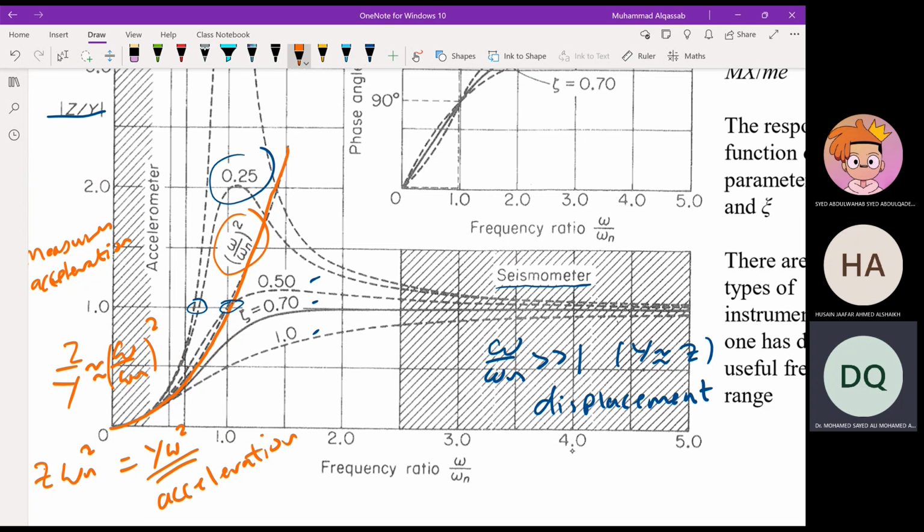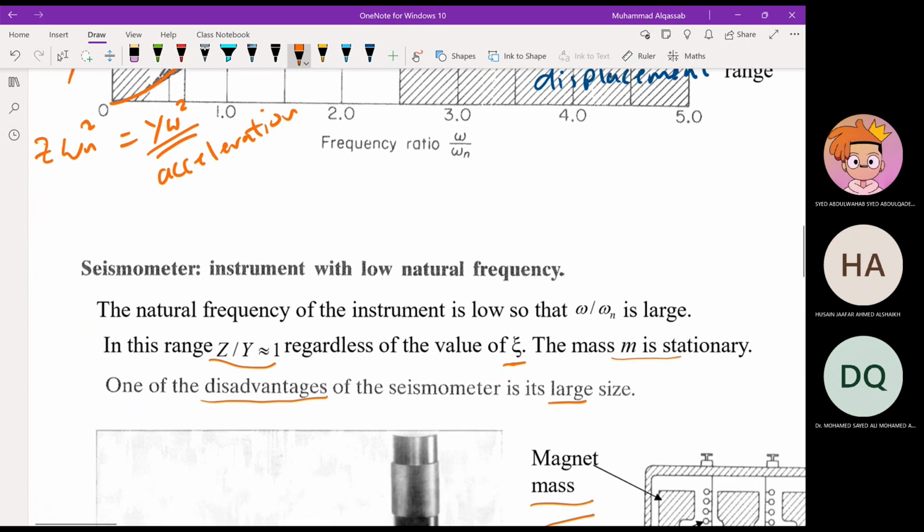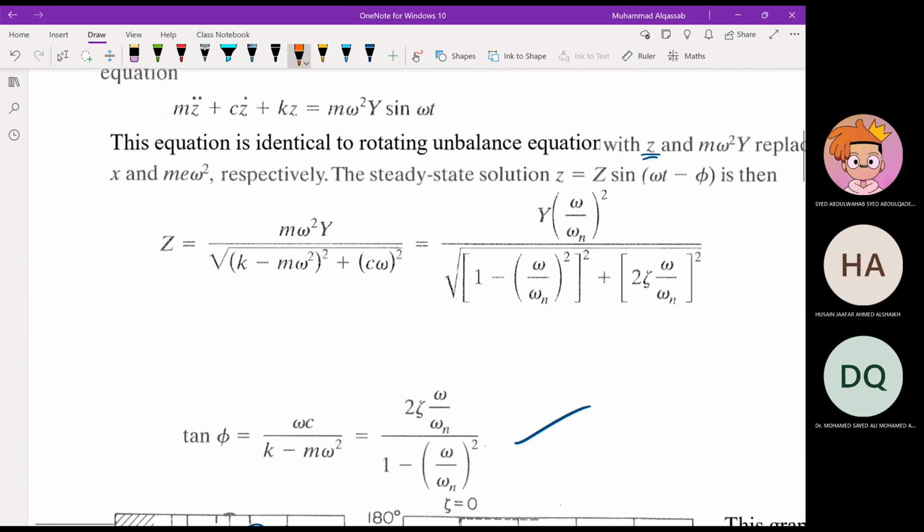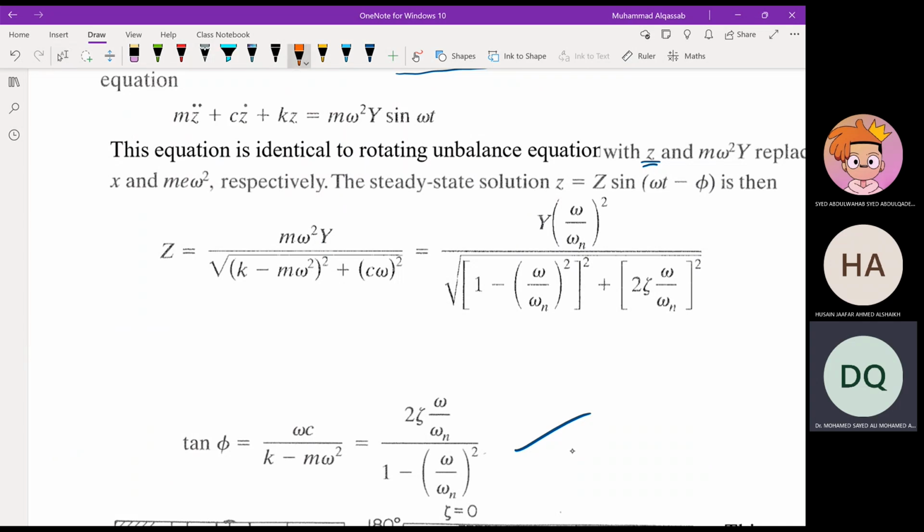Near 0, a curve of omega over omega n squared is inserted here, and you can see that all curves behave like it. So for z over y, when omega over omega n is very close to 0, z is almost equal to y times omega over omega n squared. And then the error factor for the accelerometer will be 1 over the square root.